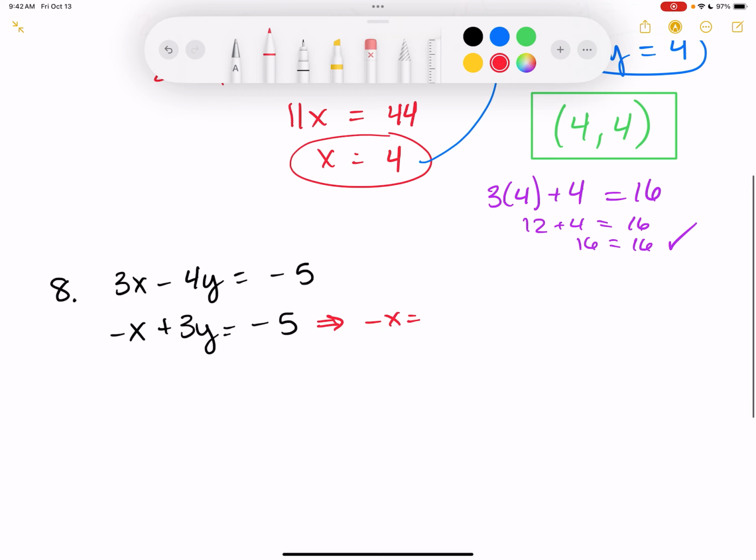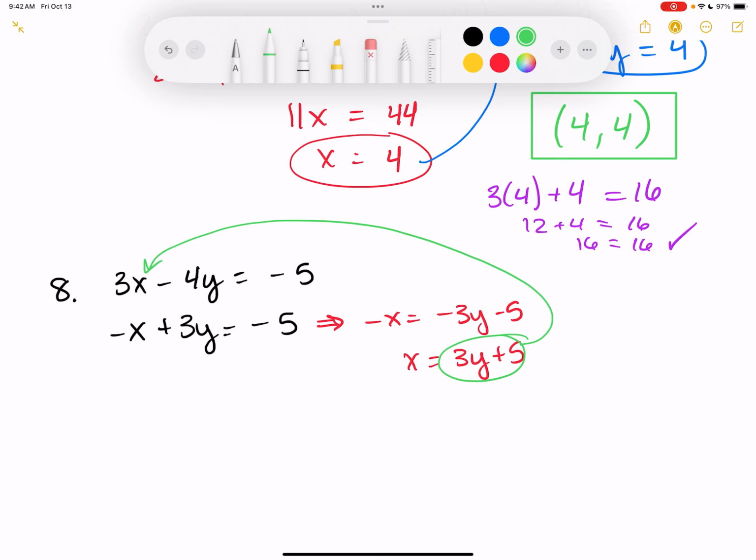So negative x is equal to negative 3y minus 5. Divide by the negative, so x is equal to 3y plus 5. So now, this 3y plus 5 is getting plugged in for x in the top equation. So I've got 3 times 3y plus 5 minus 4y equals negative 5.